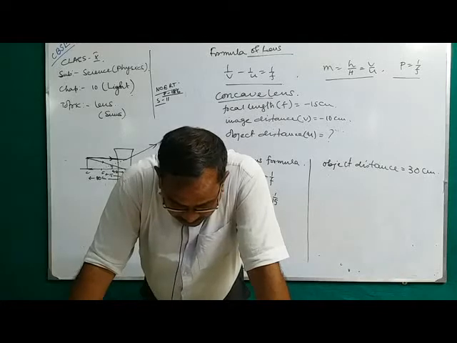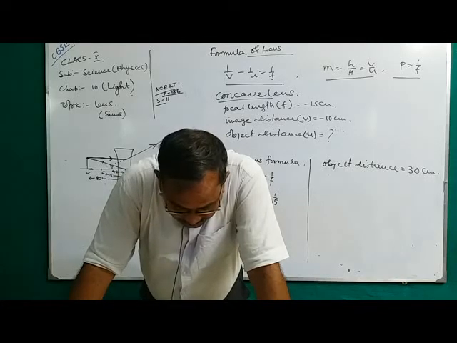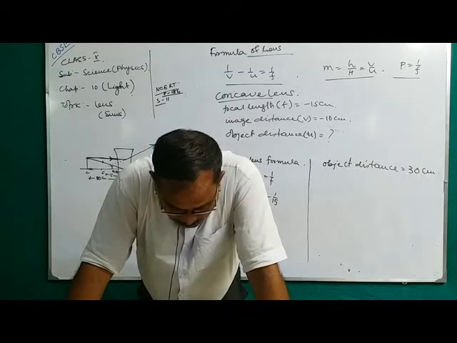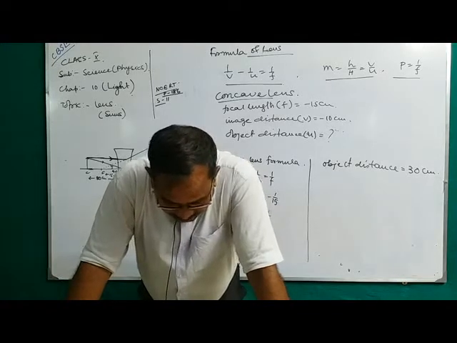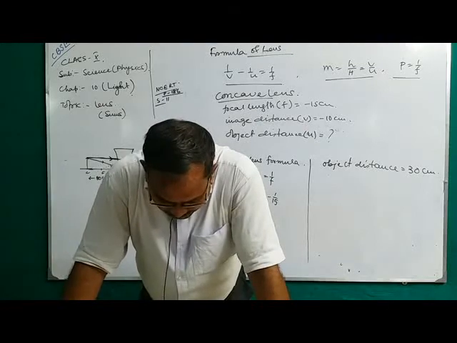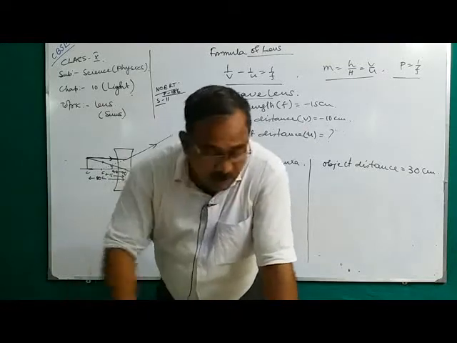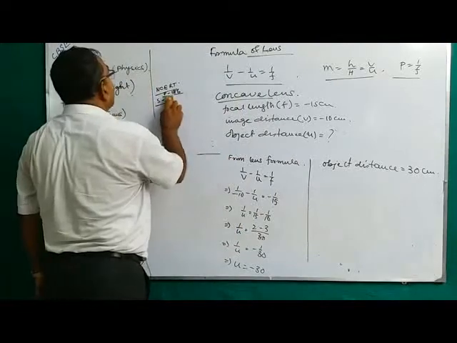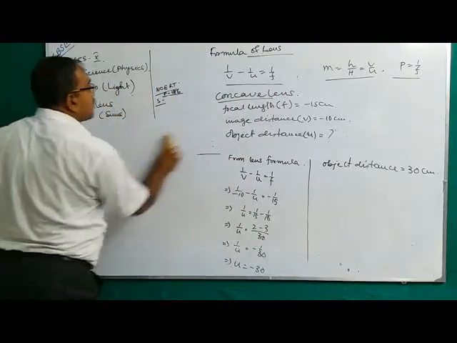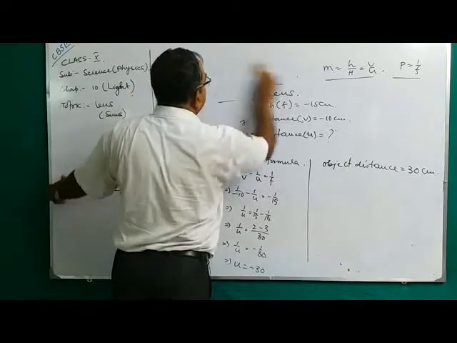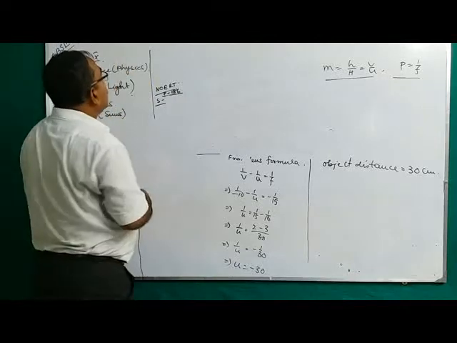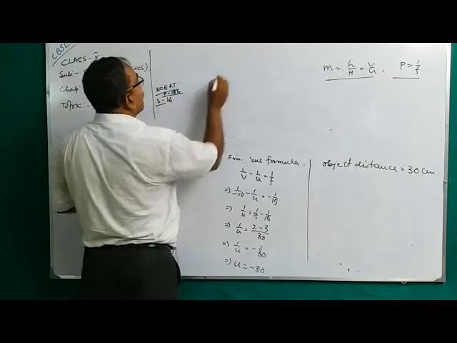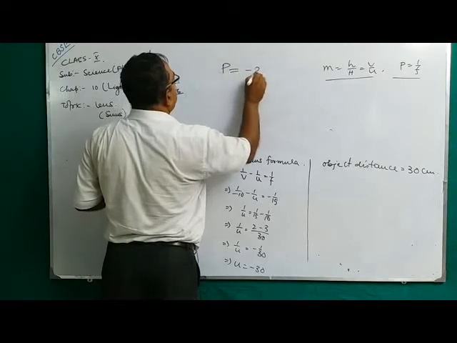Numerical number 16. Power of the lens is equal to minus 2 diopter.